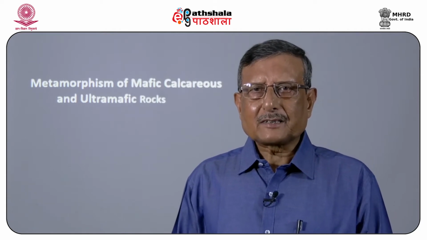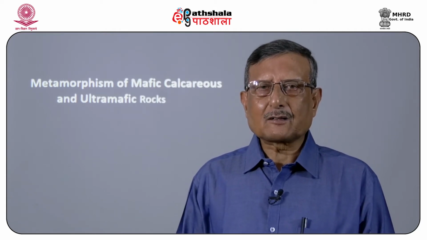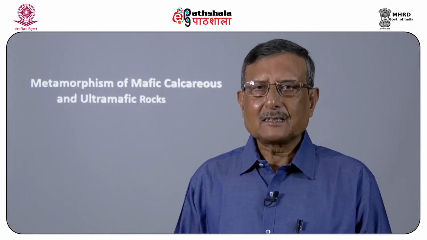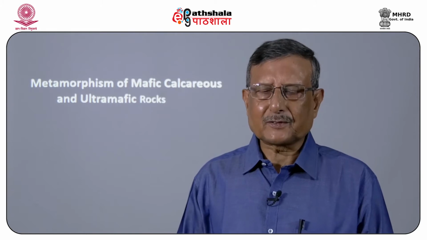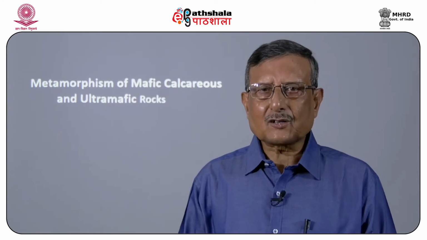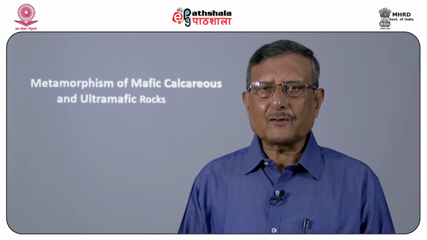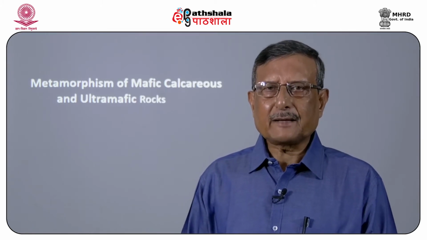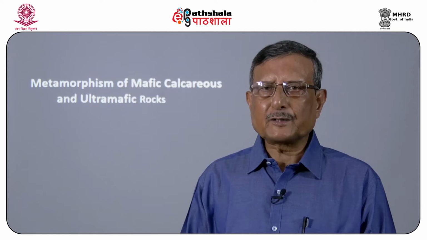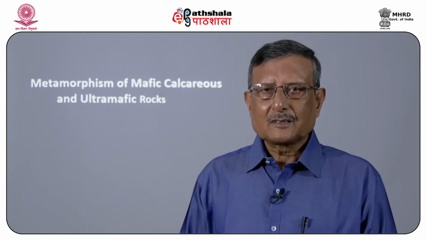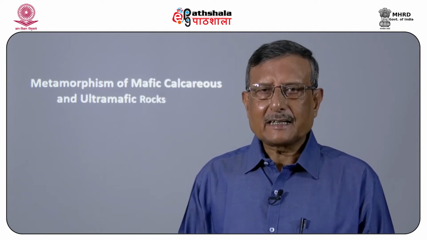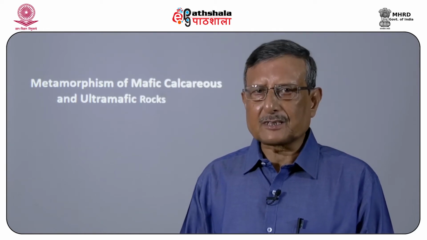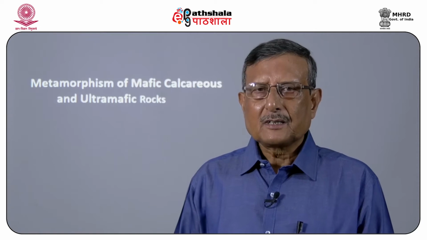The medium pressure facies series, in the chlorite zone and in the biotite zone in the pelites, so to say, in the greenschist facies, mafic igneous rocks are composed of chlorite, albite, actinolite, epidote, quartz with or without carbonates. So, that is why I said in lower grades you have hydrous minerals and carbonate minerals in mafic igneous rocks.